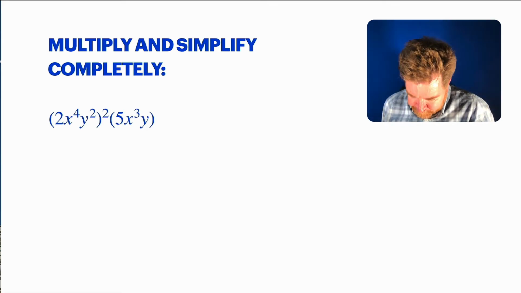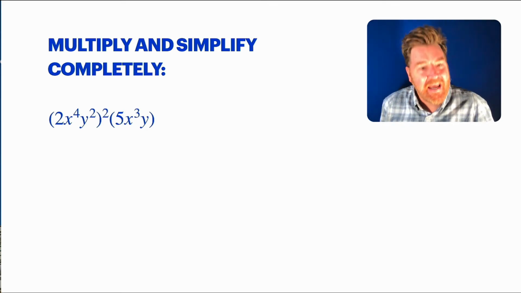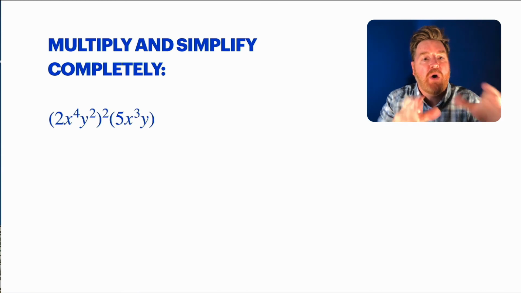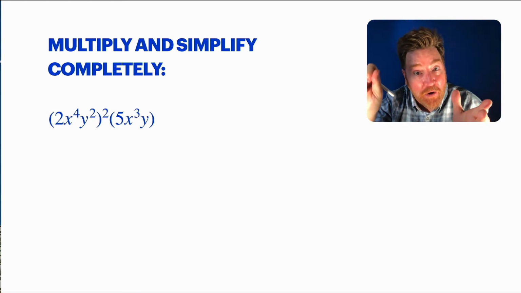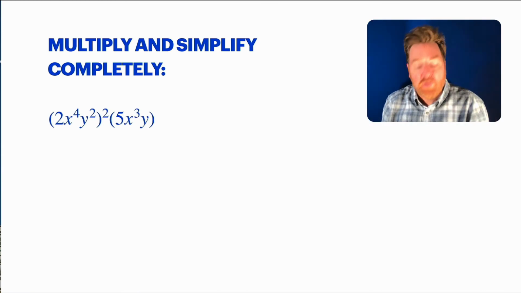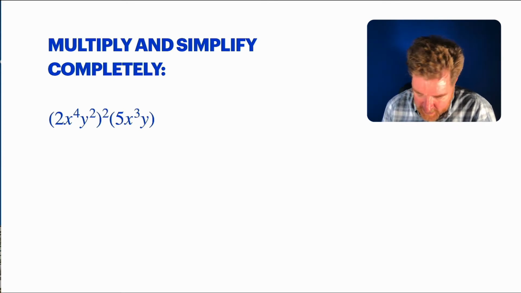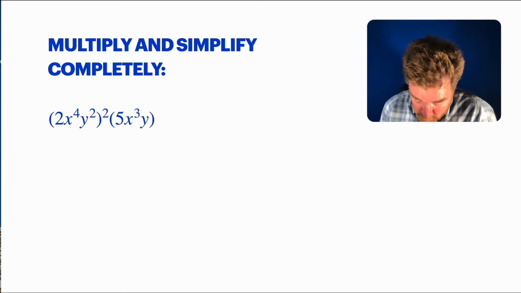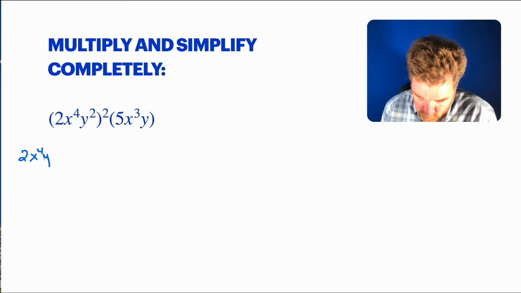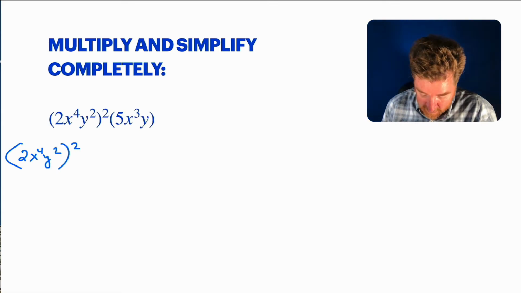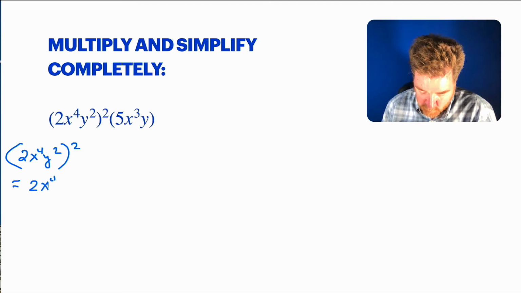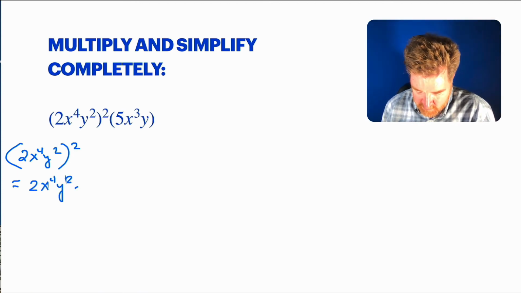What I'm going to do, I'm going to take that 2x to the 4th y squared quantity squared, and I'm going to do it off to the side because there's quite a bit happening in this problem, isn't there? So 2x to the 4th y squared, squared. Well, we know what that means. That's just 2x to the 4th y squared times 2x to the 4th y squared.